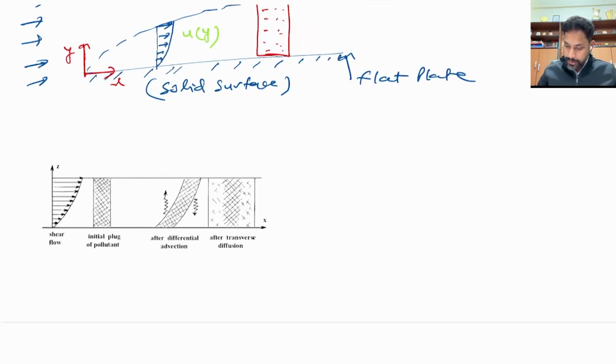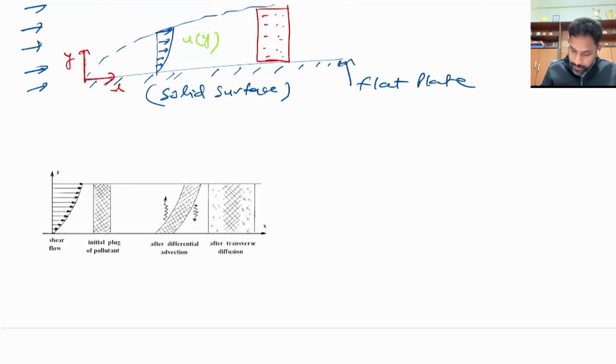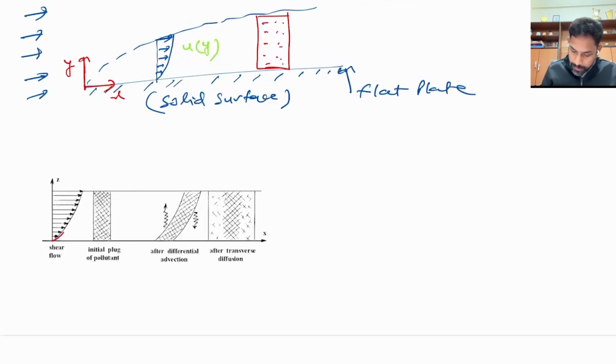Okay, so to understand that, let's look at this example that is shown here. So this is the velocity profile, this particular one, that is shear flow. And what exactly does shear flow mean? When there is a velocity gradient in the vertical direction, or in the transverse direction, right? So you have different velocity as you go normal to the flow. So that is the shear flow.